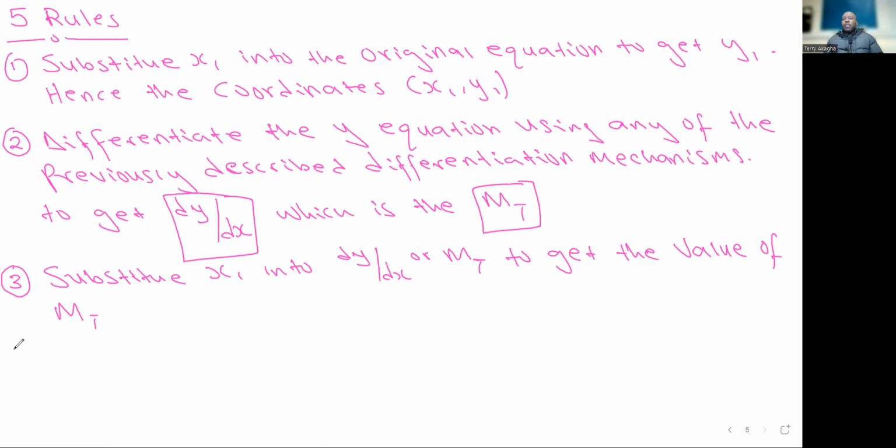Now, when you're done getting the value for mt, you then substitute the value of mt and the coordinates from step 3 and step 1 into the tangent line equation. Is that okay?